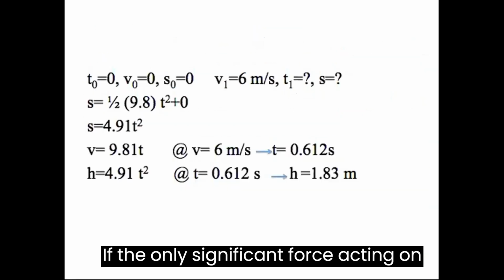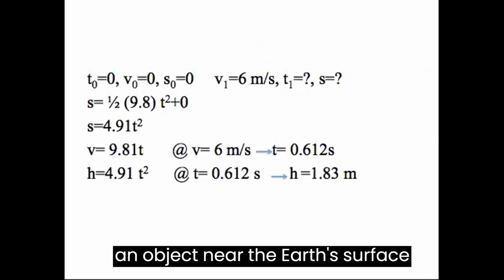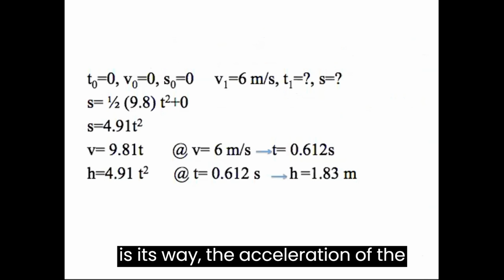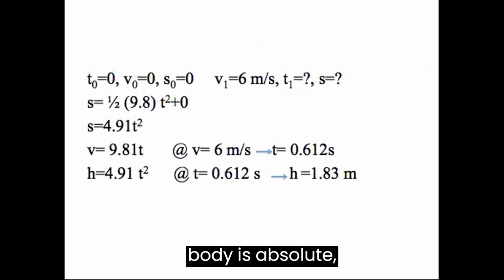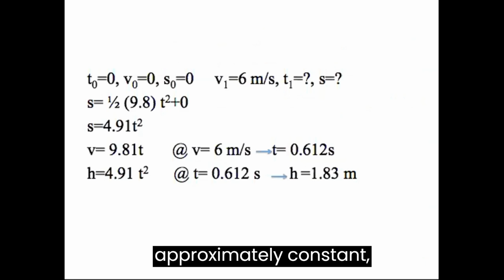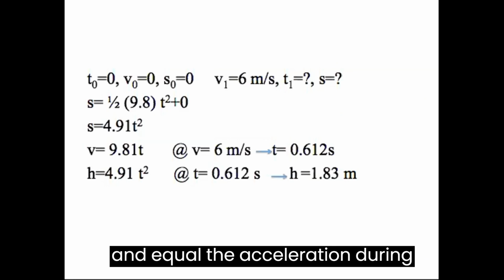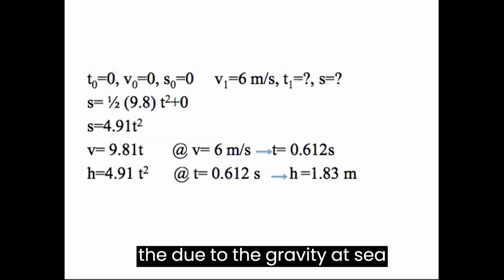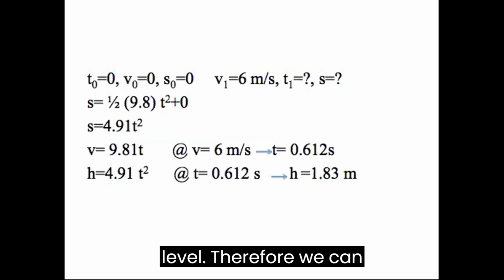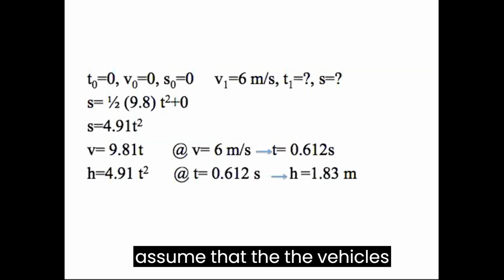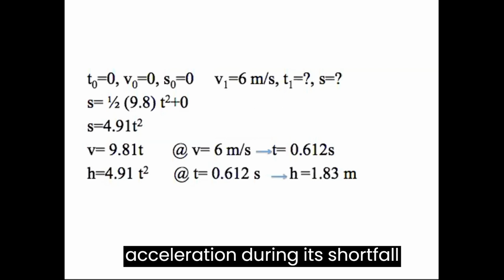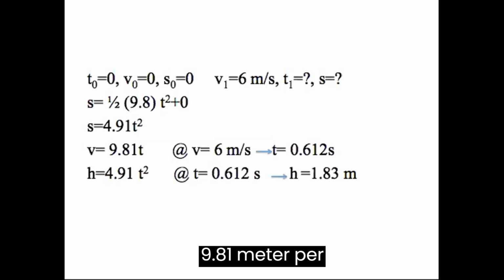If the only significant force acting on an object near the Earth's surface is its weight, the acceleration of the body is approximately constant and equal to the acceleration due to gravity at sea level. Therefore, we can assume that the vehicle's acceleration during its short fall is g equals 9.81 meters per second squared.